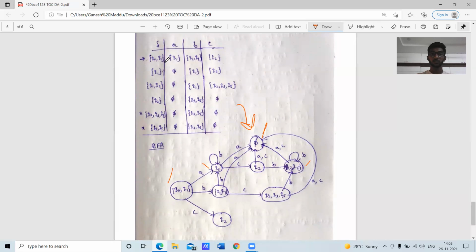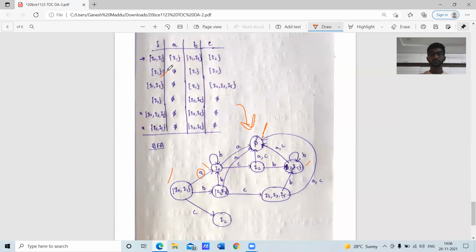Now I will show how to draw the transitions. From Q0, Q1, we move to Q1 by using A as the transition. By using B, we move to Q1, Q4. By using C, we move to Q2.